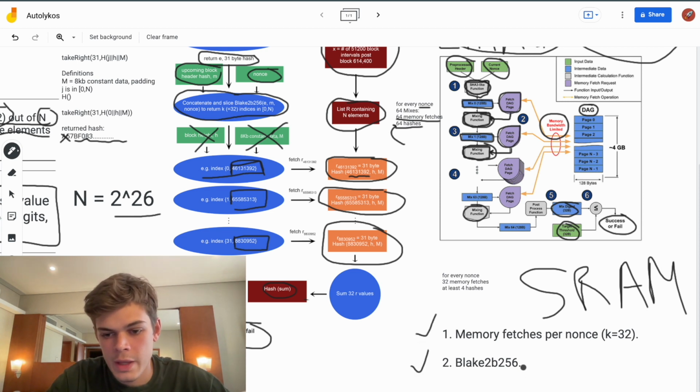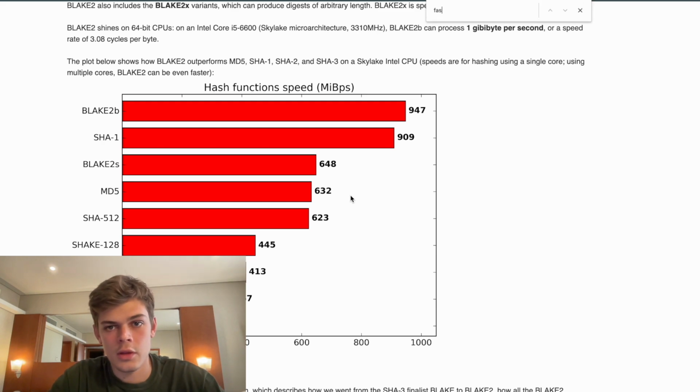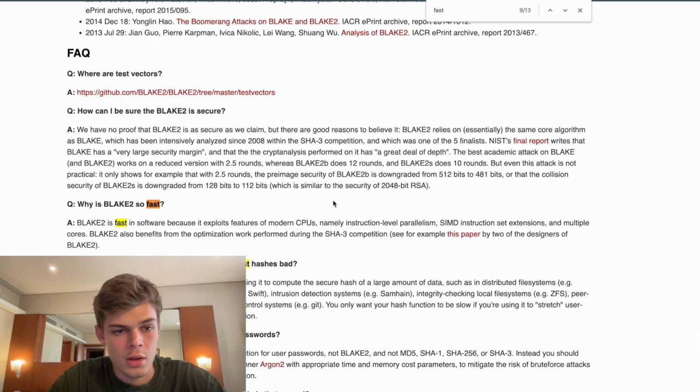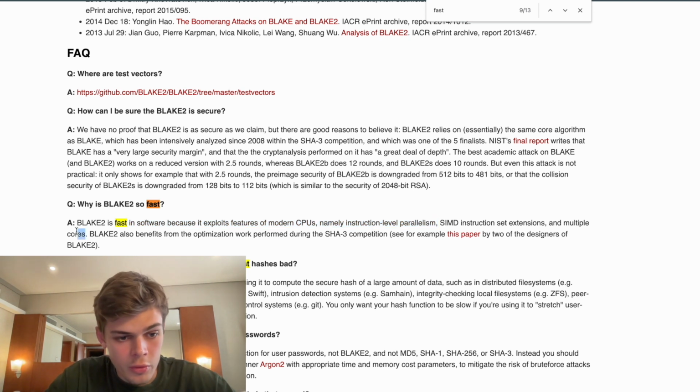And the second point is Blake2b-256. So the importance of Blake is, first of all, that it's incredibly fast. It's naturally fast. And the second thing is that Blake exploits features of modern CPUs, also including GPUs, stuff like parallelism, stuff like multiple cores.